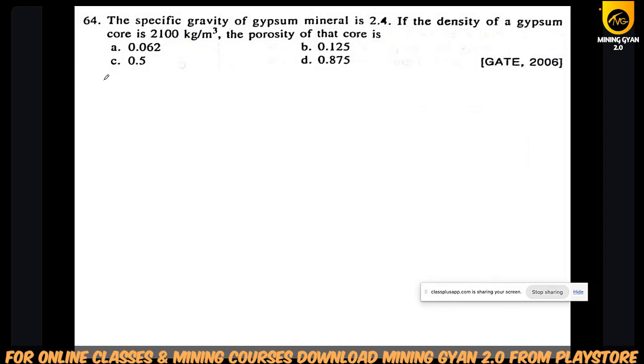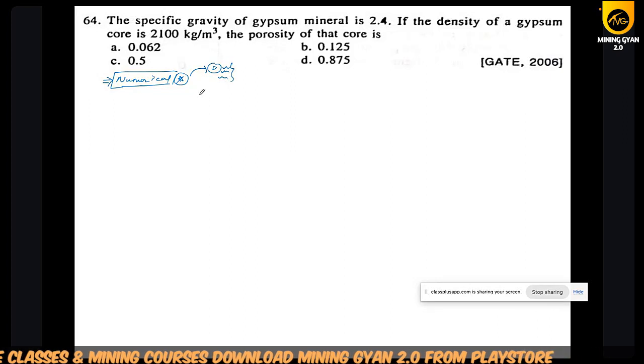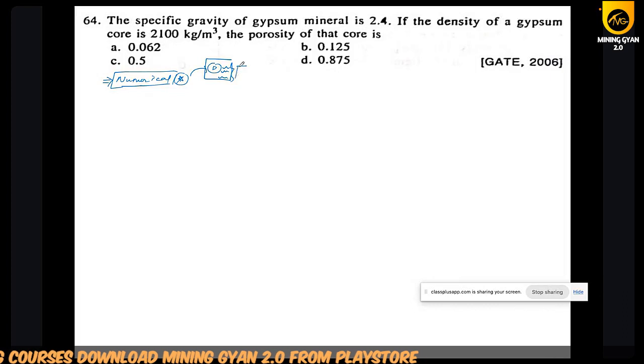Take this class as your practice also. This class will help you to think and solve numericals, while other classes will help you to solve the theory portion of the questions. So please go and watch those classes or read DJ Deshmukh. It's up to you, whatever way you want to read.